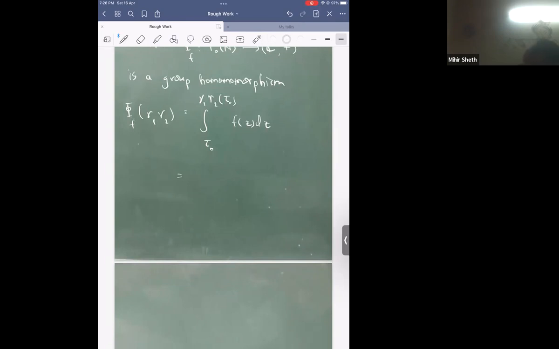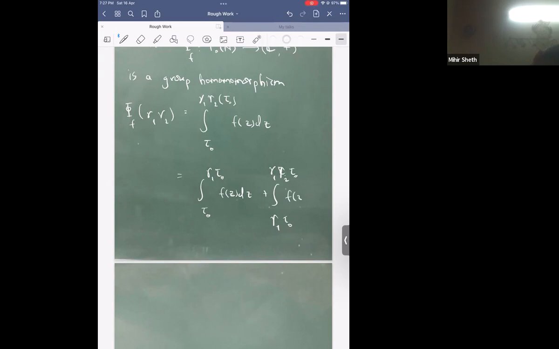But I can split this integral into the first part from tau 0 to gamma 1 tau 0, and the second part from gamma 1 tau 0 to gamma 1 gamma 2 tau 0.